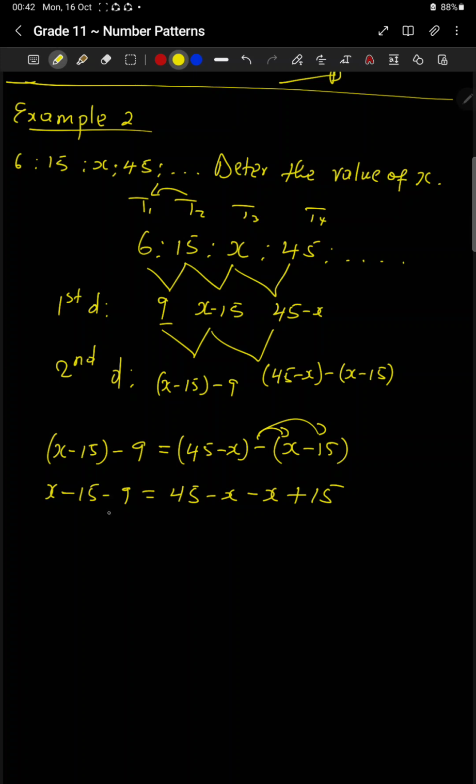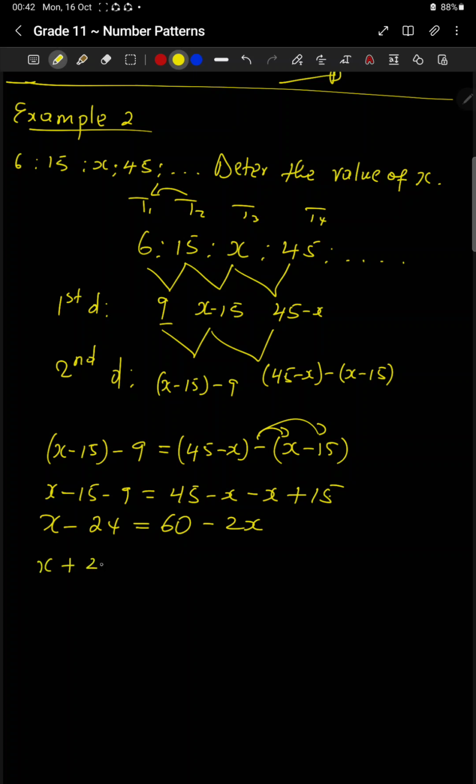So on this side, 15 and 9, it's going to be x minus 24, and on that side we've got 45 plus 15 which is 60, and then x and x must be negative 2x. So we collect like terms. Here we take this one to the side and change the sign, and we take 24 to that side and change the sign.